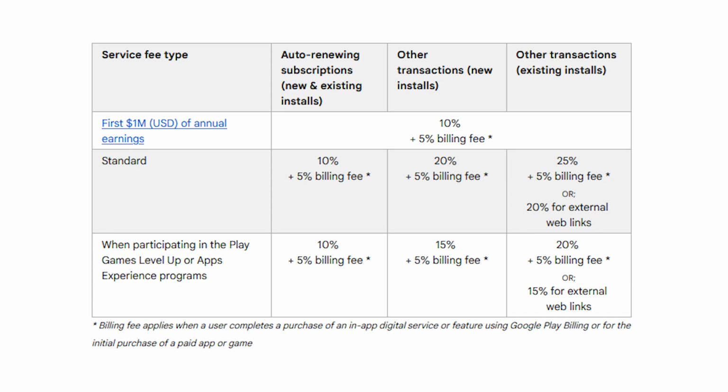If the purchase comes from a new install, Google charges a 15% service fee. If it comes from an existing install, the service fee increases to 20%. And in both cases, if you're using Google's billing system, you will also need to pay an additional 5% billing fee.